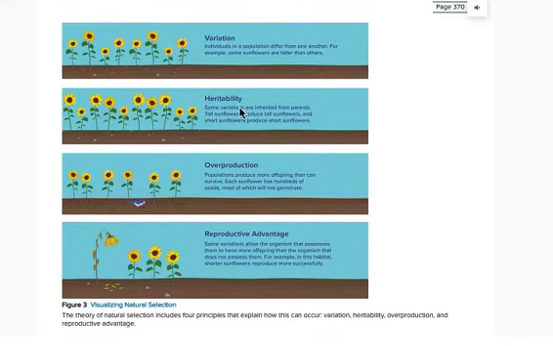So variation, heritability, overproduction, and reproductive advantage were the four principles necessary for natural selection. Darwin also came up with the idea that competition for resources, like land or sun or water for these sunflowers, is important, because those with good adaptations will be able to survive, and those without the good adaptations will not survive.